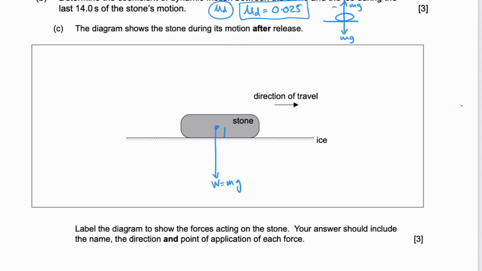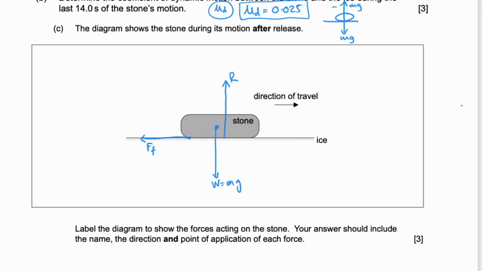The reaction force is equal and opposite to that, and that's given the reaction force here. And then of course there's the frictional force, and after it's been released, nothing's pushing it forward, so we've got the frictional force acting upon it here, and that friction happens between where the object is and what it's touching. So the frictional force comes from this point here.